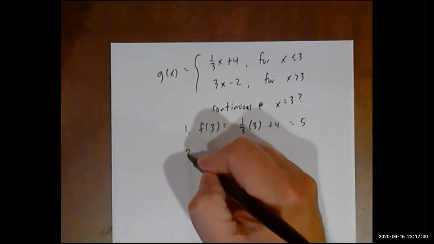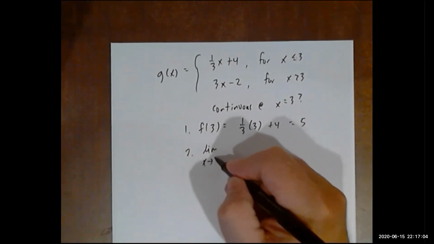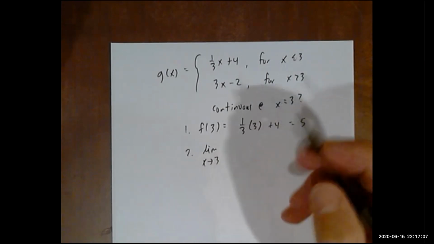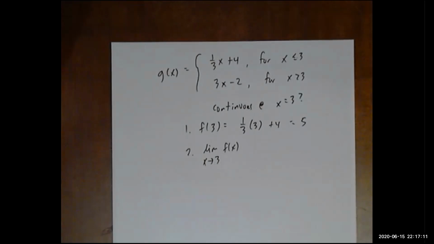Now here's where it gets a little tricky. The next thing I have to do is look at the limit as x approaches 3 of the function. Now you remember, how do we figure out the limit of a function? Well, we start from the left and we approach the value of x and see what the function is equal to, and then we go at it from the right.